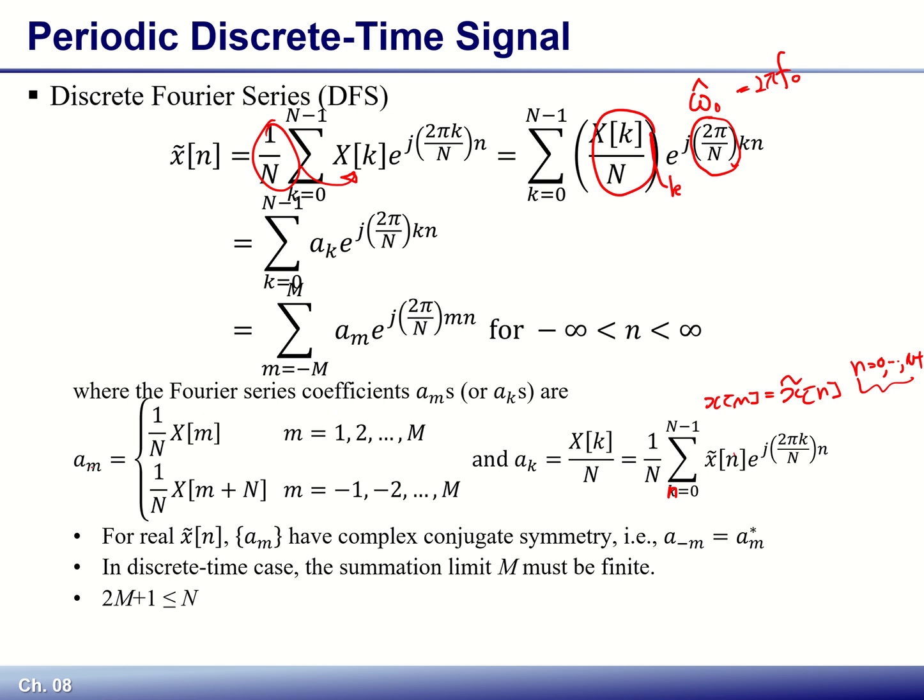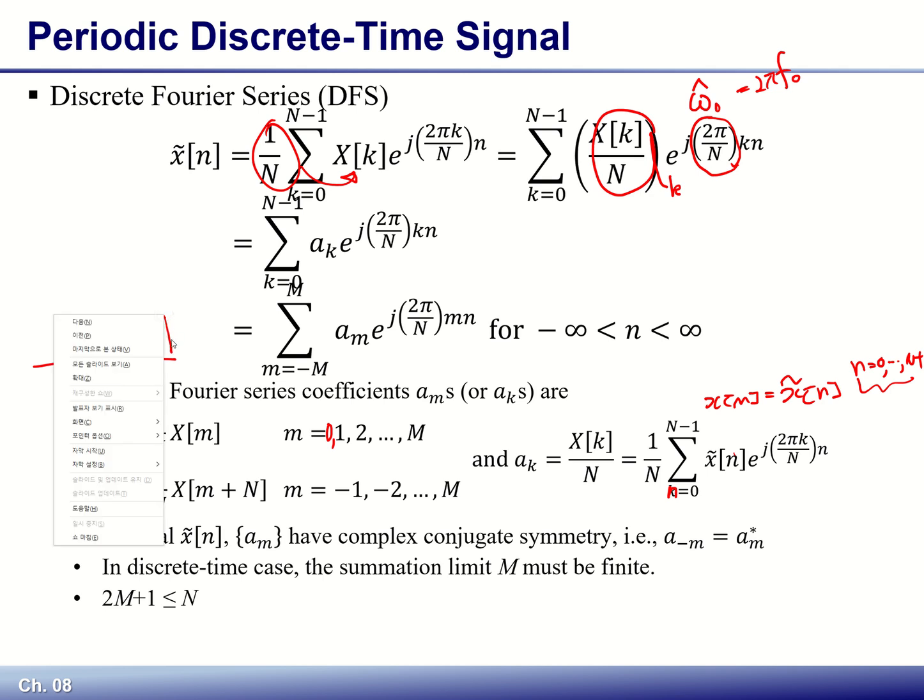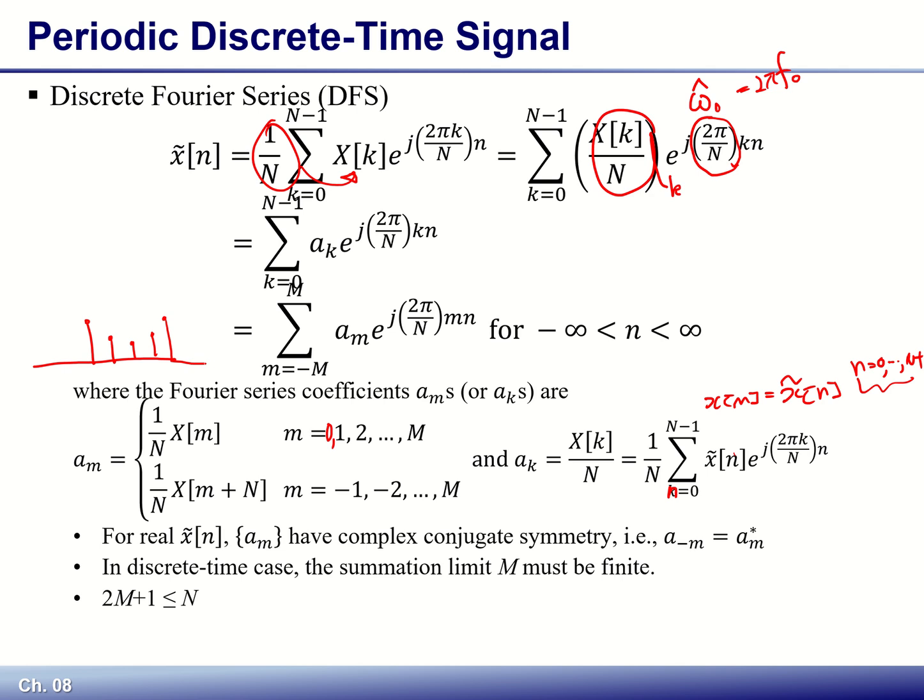So in the case where m is a positive number, it will be 1 over N X[m]. And if it's a negative number, can you consider this? From 0 to N minus 1, then here will be minus m.